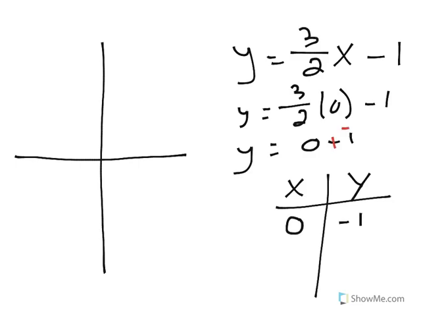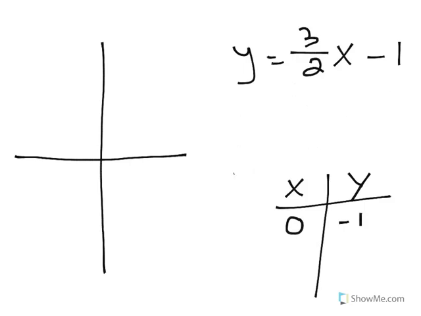So therefore y is -1. Your graph paper is going to be better than mine. So we're going to go to 0, -1, and here is 1 point on our line, and that's our y-intercept right there.